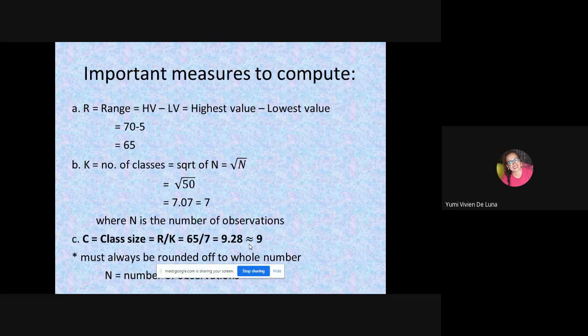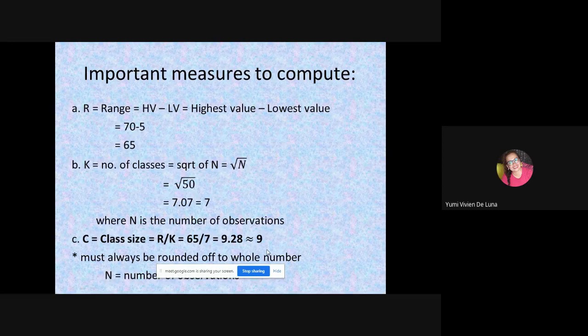Okay, ang rule naman dito sa class size, pag yung raw data mo is whole number, it must be consistent with the precision of your class size. So pag ibig sabihin ng precision, pag whole number yung raw data, rounded off din po ito sa whole number. May mga raw data tayo na may 1 decimal place or 2 decimal places. In that case, the class size must be consistent with the precision of the raw data.